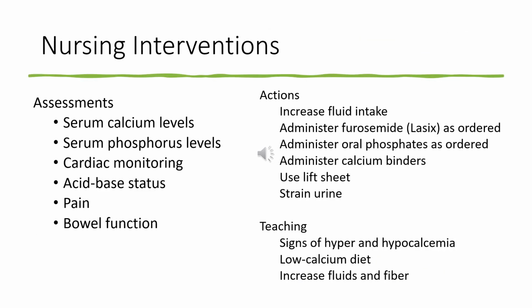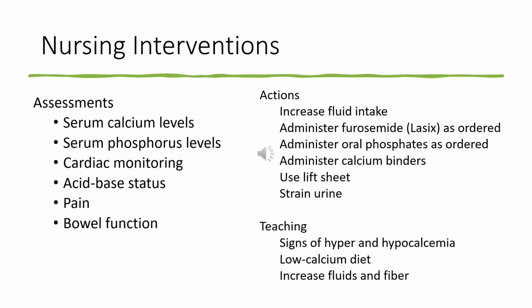Our nursing interventions involve assessments, action, and teaching. So with our assessments, we're looking at our calcium and our phosphorus levels, our cardiac monitoring. Remember that calcium plays a role in the cardiac function, acid-base status, pain, and bowel function.